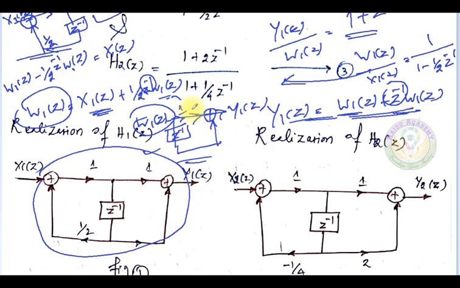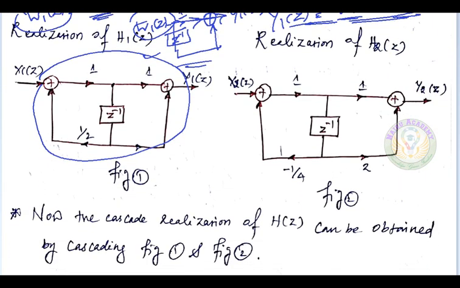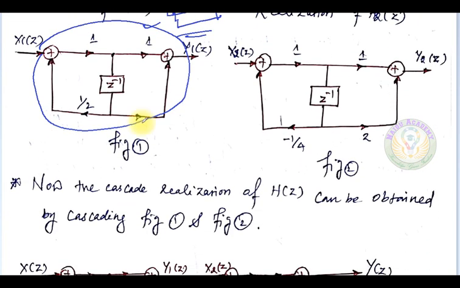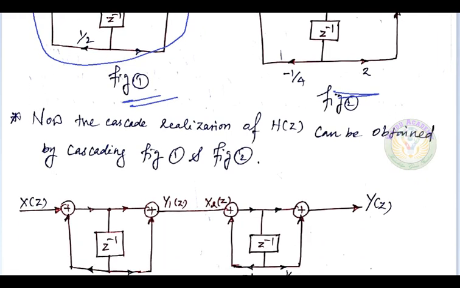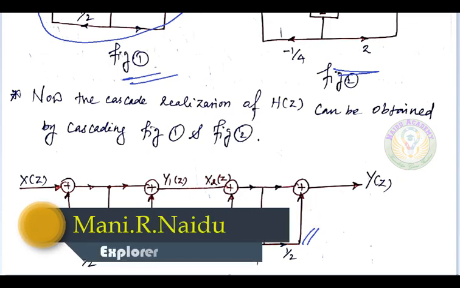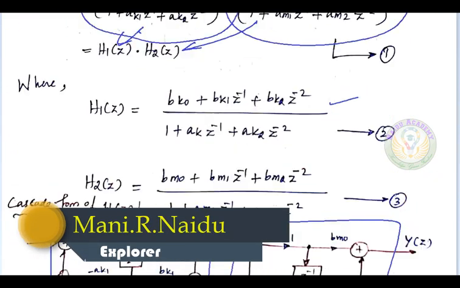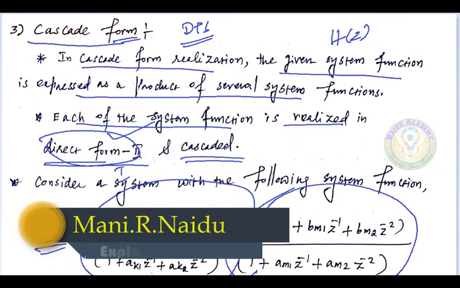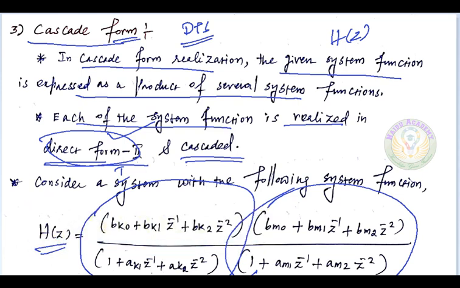Similarly you have to do the same for h2 of z to find the direct form 2 realization of h2 of z. Now these two realizations are going to be cascaded to find h of z. This is what we did here. Again I am telling, there are 4 types of realizations: direct form 1, direct form 2, cascade form, and finally parallel form.